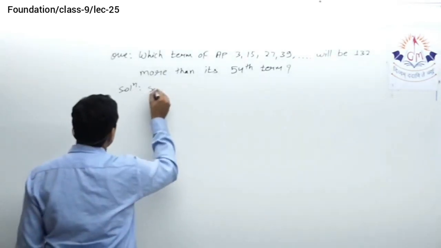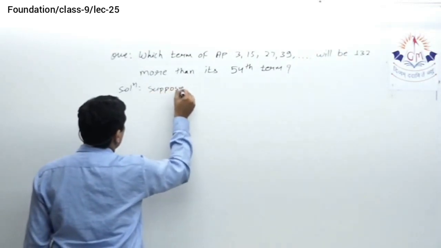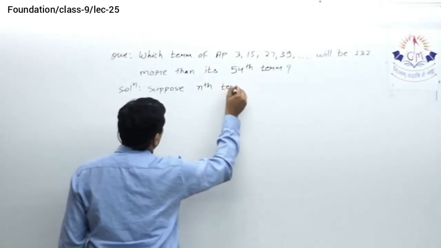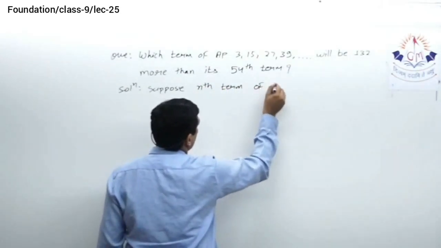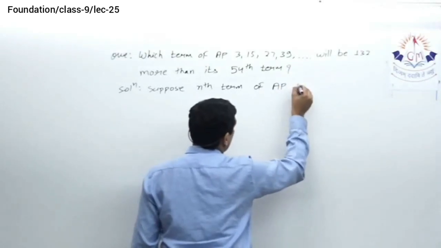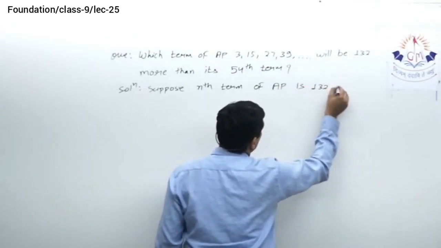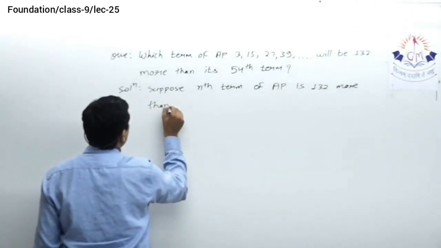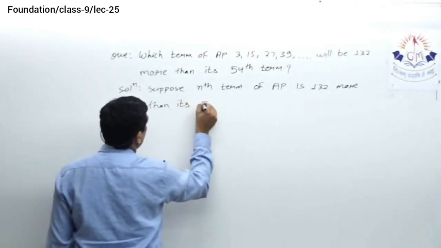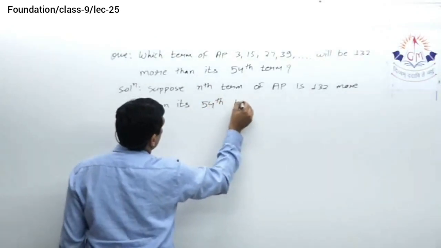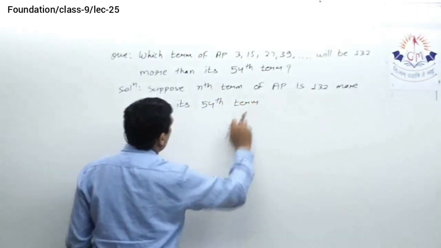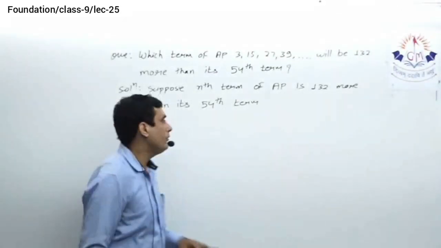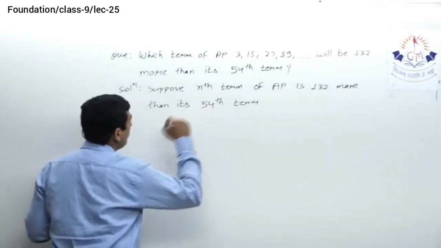Okay. Suppose nth term of the given AP is 132 more than its 54th term.